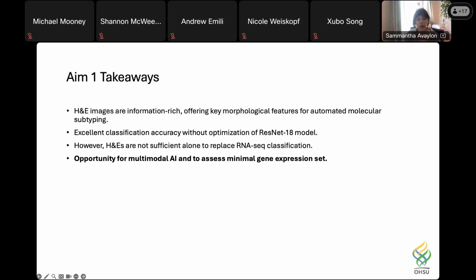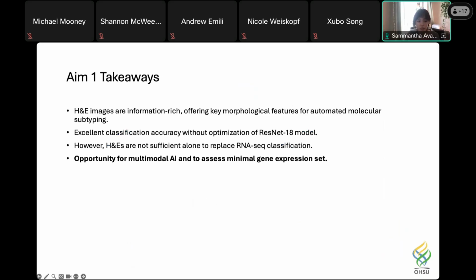And so the results from our unimodal model demonstrate that H&E images contain rich morphological information that can be used to differentiate between basal and luminal molecular subtypes.